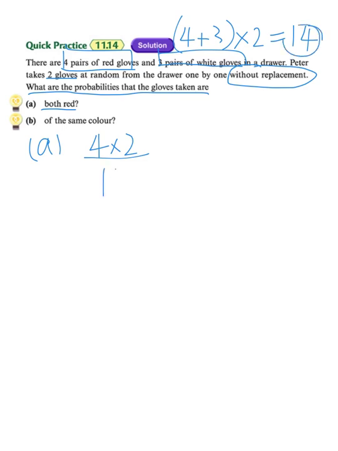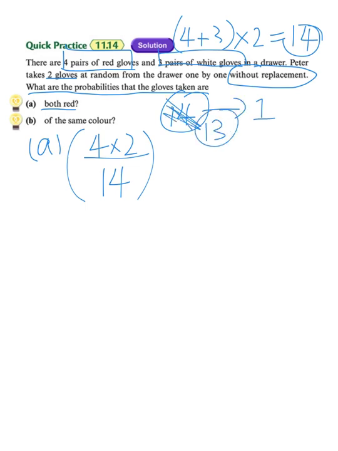After we pick up 1, the remaining gloves become only 13, so the number of choices becomes 13, and the number of red gloves in the remaining pool becomes 7, because 8 minus 1 is 7. So the answer will become 4 over 13.